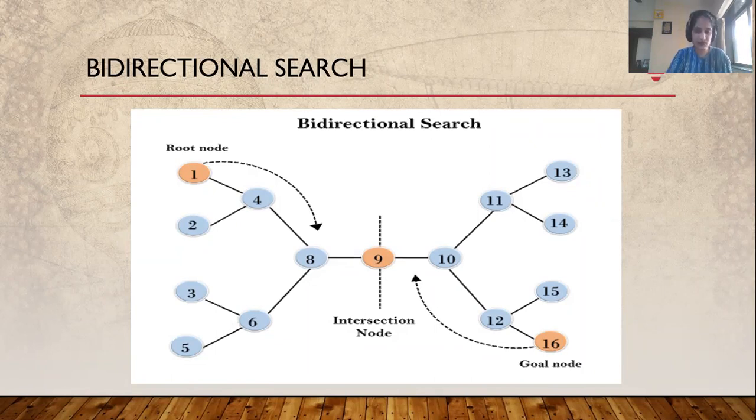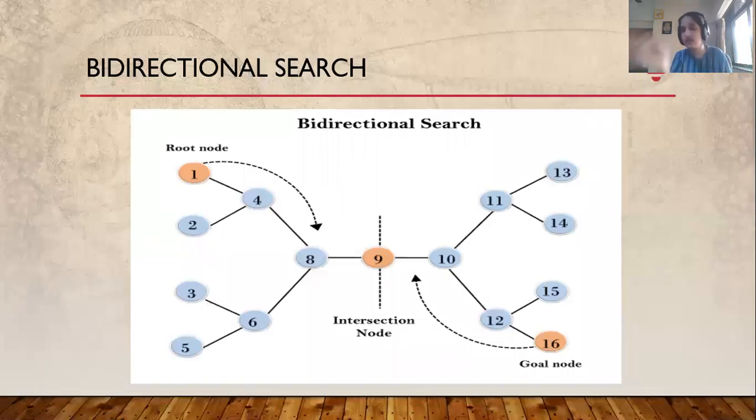Let's say it moved to 9 using 1, 2, 4, 8 and 9, which means 3, 6 and 5 were automatically ignored, and a similar case happens on the other side. So from a state space of 16, when bidirectional search was performed, certain state spaces were automatically not taken.